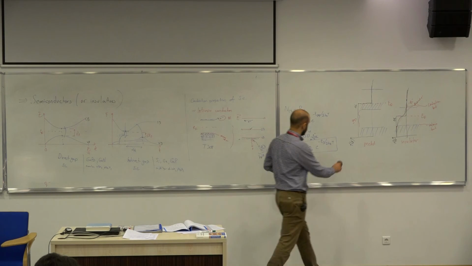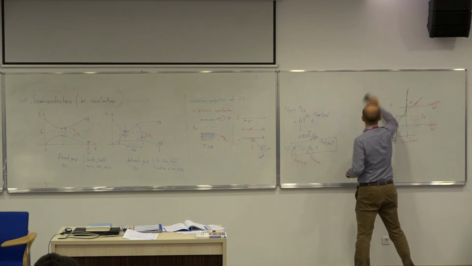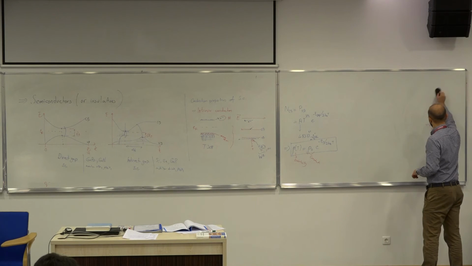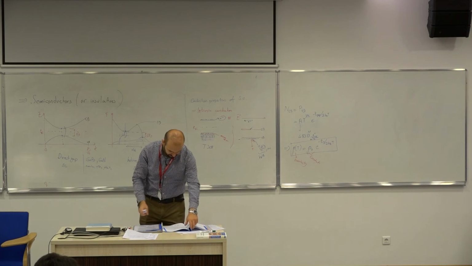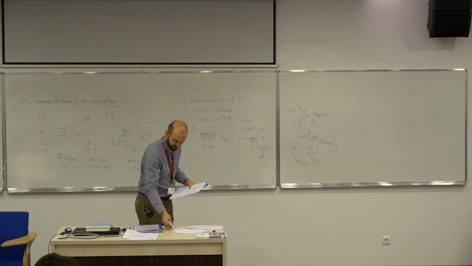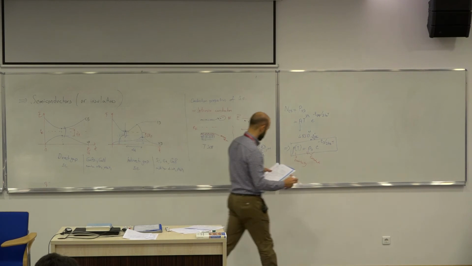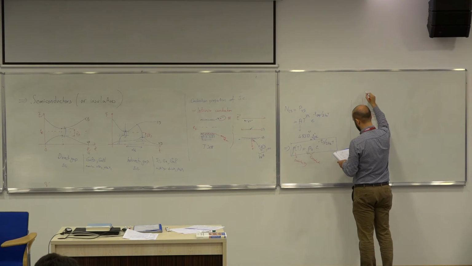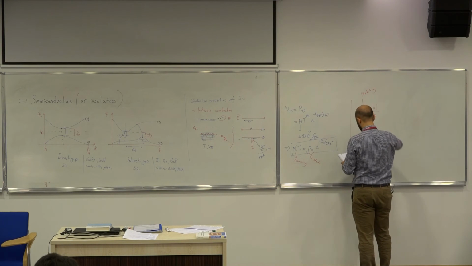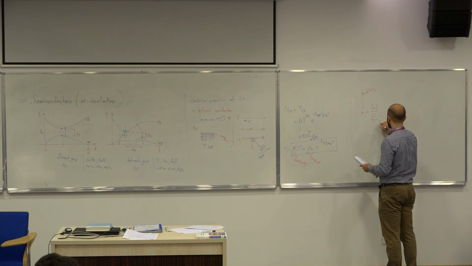Now, each of these. If you remember, I think in our first or second lecture, we defined mu, which was the mobility, and here this is the magnitude of the electric field.